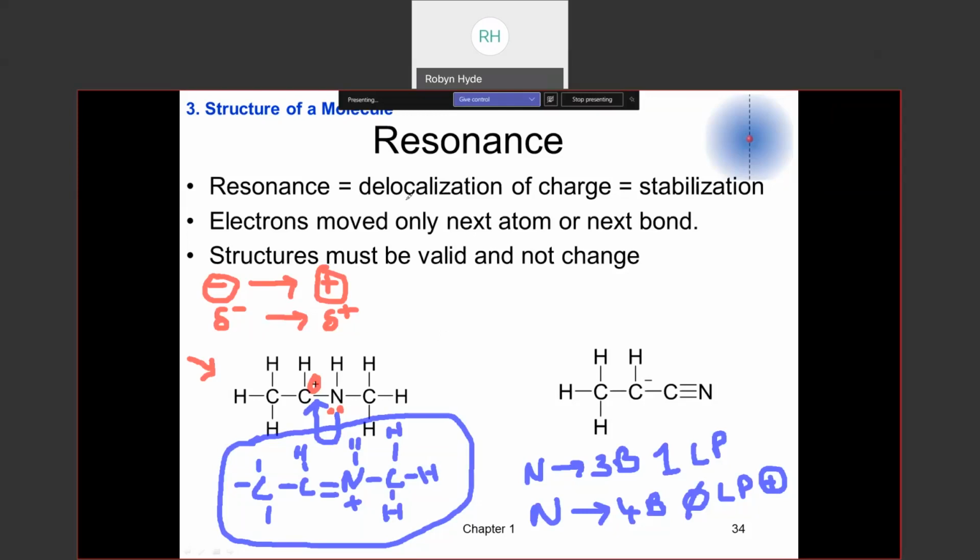And then you might wonder, why do we even care? Why do we care about 2 different kinds of drawings? Here's the big picture reason why we care. When we see that a charged molecule has resonance, that means it is more stable than we would otherwise predict. And the organic chemistry class is all about chemical reactions.